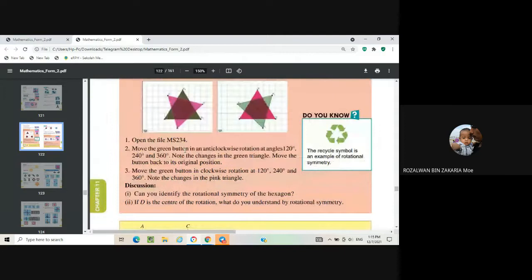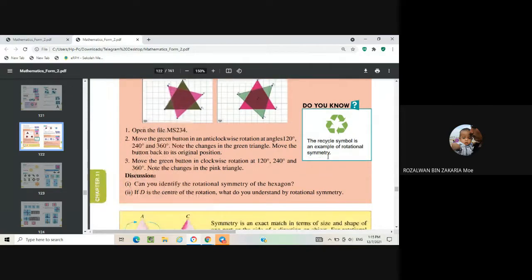And also for your information, the recycle symbol, I think most of you have already seen it, is an example of a rotational symmetry symbol.